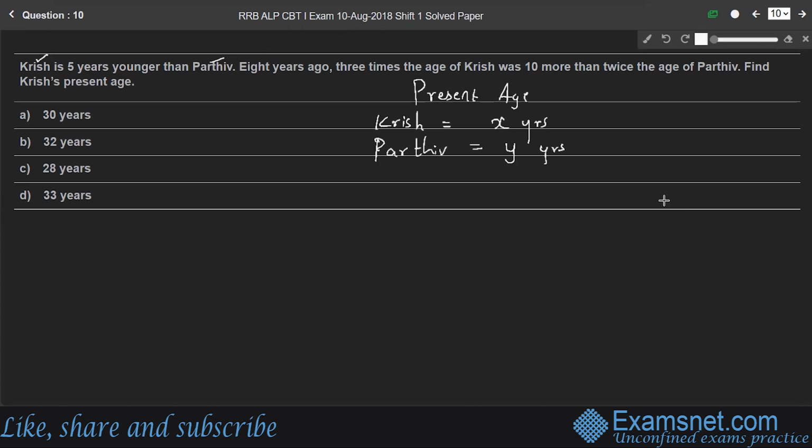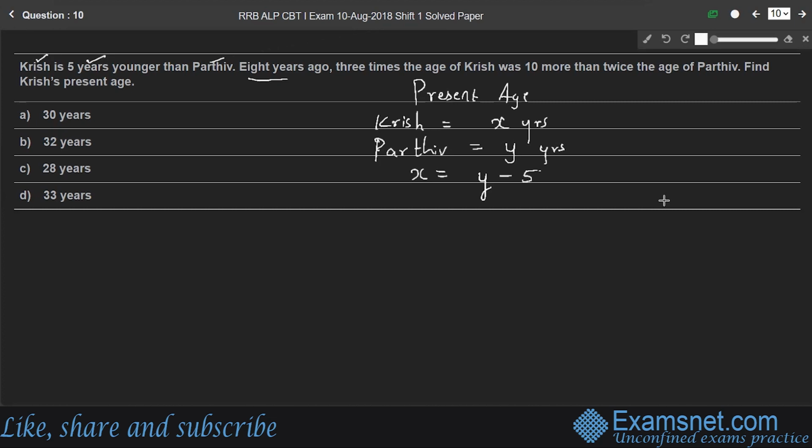It is given that Krish is 5 years younger than Parthiv, so X is equal to Y minus 5.